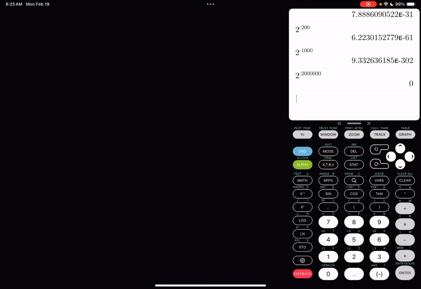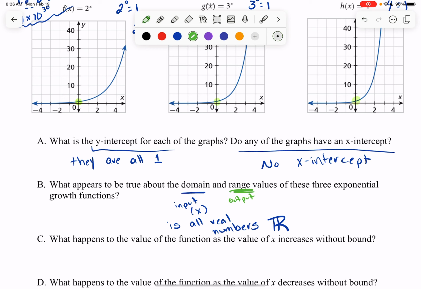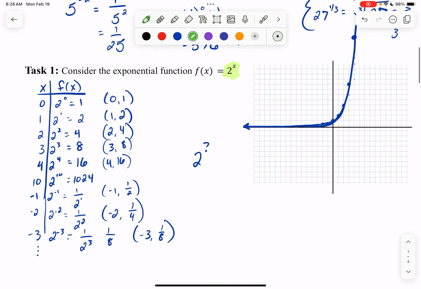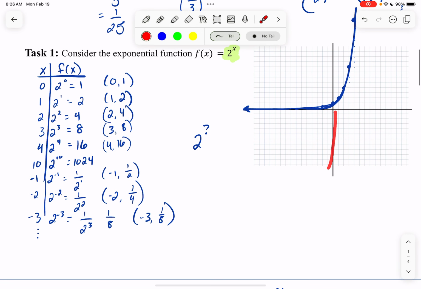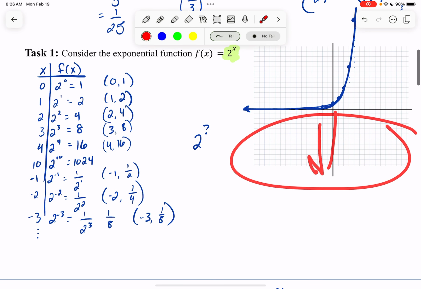The range, on the other hand, is the output, or those y values. Well, we talked about it up here. You don't ever go down here. We never go down into the negatives. We only go from 0 on up. So the range, my output, or my y, is my up and down.